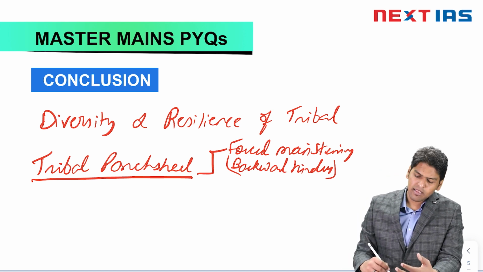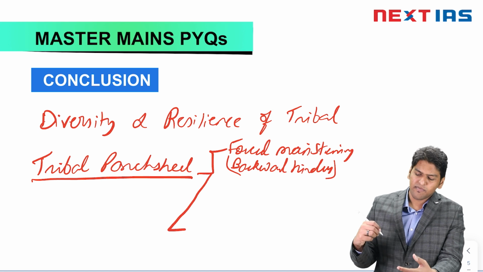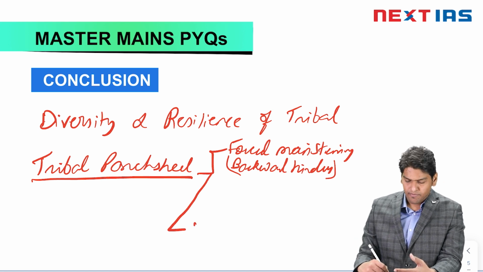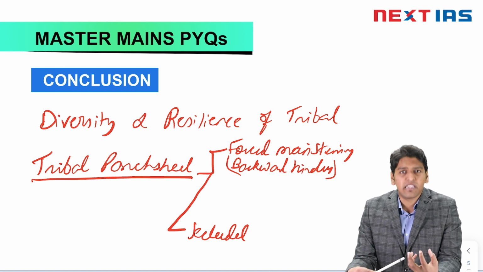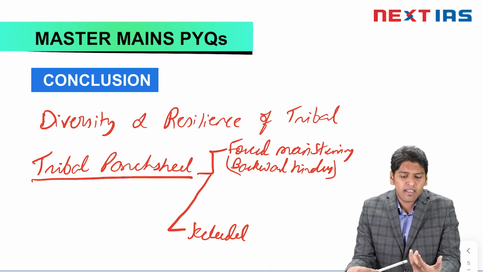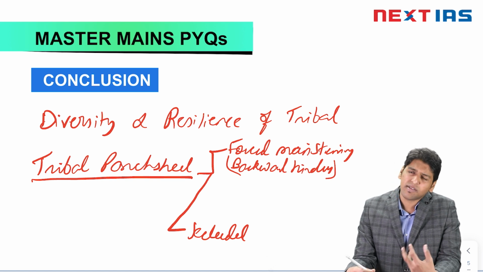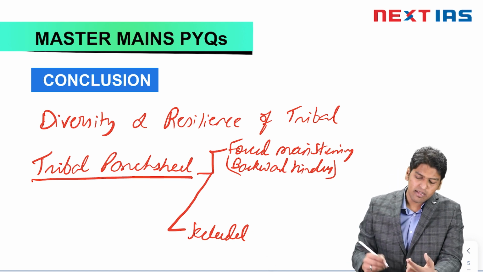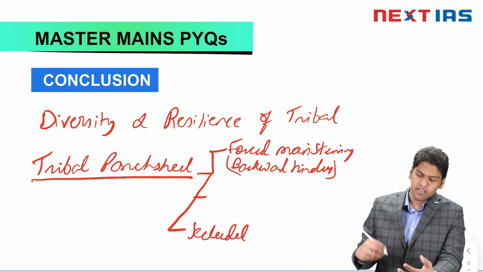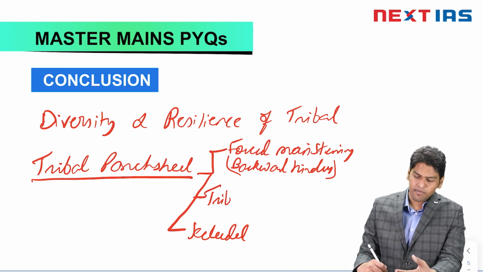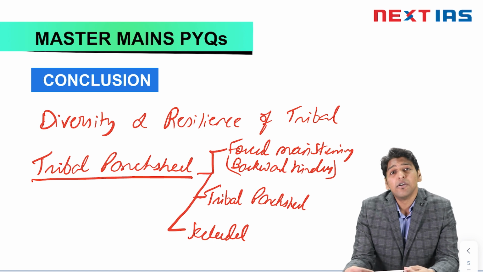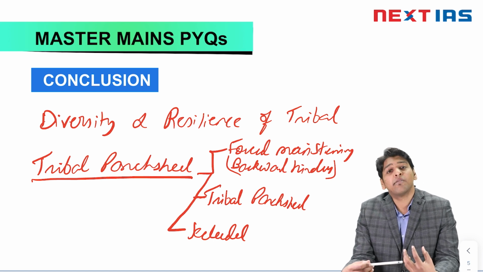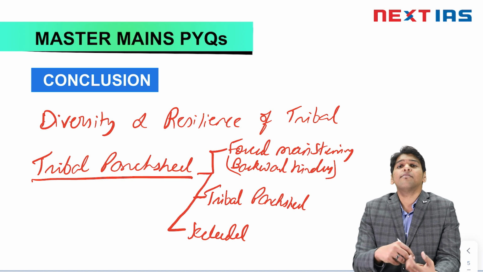Another theory was keeping them secluded and preserving them as specimens of the earlier tribal lifestyle. And the middle path was the tribal panchsheel. It said we cannot forcibly mainstream them and also not leave them behind.